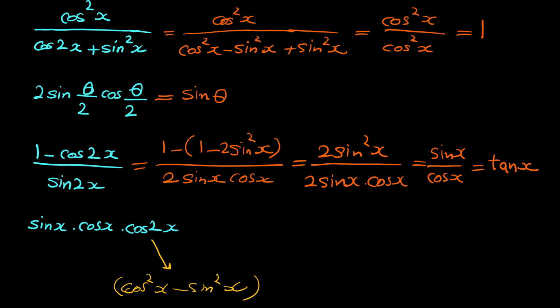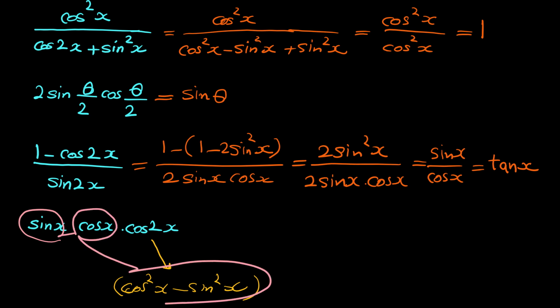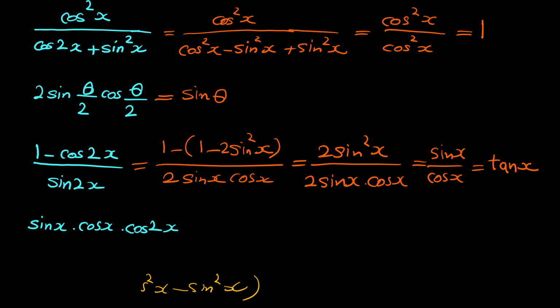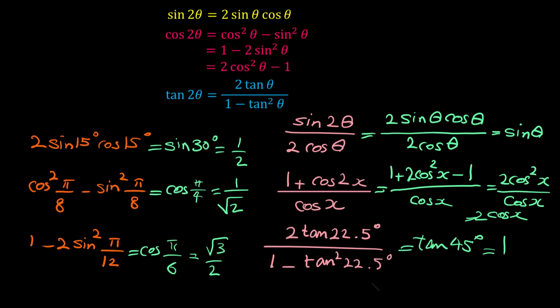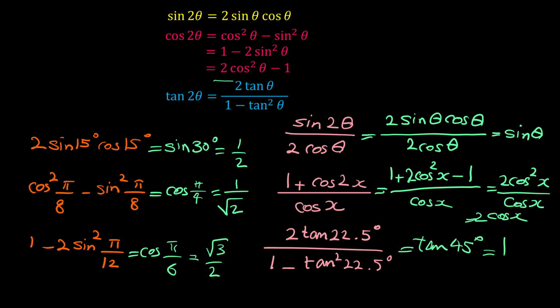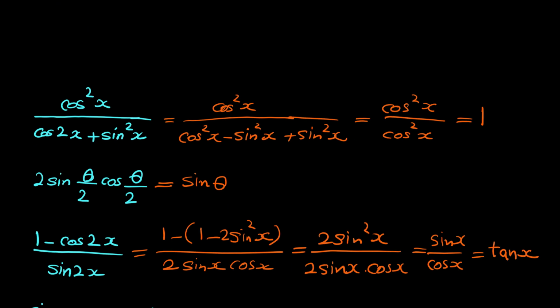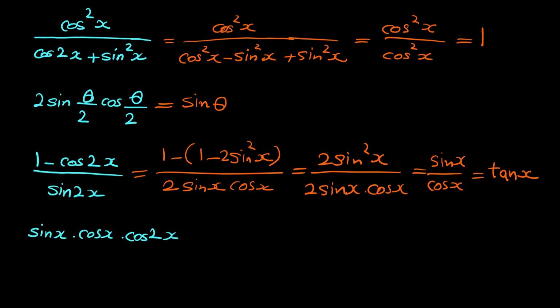It even makes the expression more complicated, because then we have sine x times cosine x times this, and nothing simplifies. So it seems that substituting this with one of the formulas that we have for cosine doesn't help. So what do we have to do then? We have sine x times cosine of 2x.